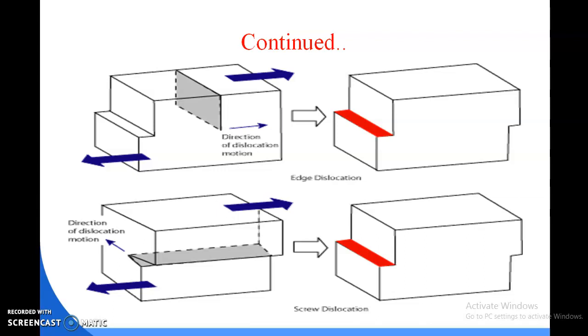You can see how the atomic arrangement is displaced from one place to another in an edge dislocation and also in a screw dislocation. In an edge dislocation, the dislocation moves forward perpendicularly, but in a screw dislocation it moves parallelly.